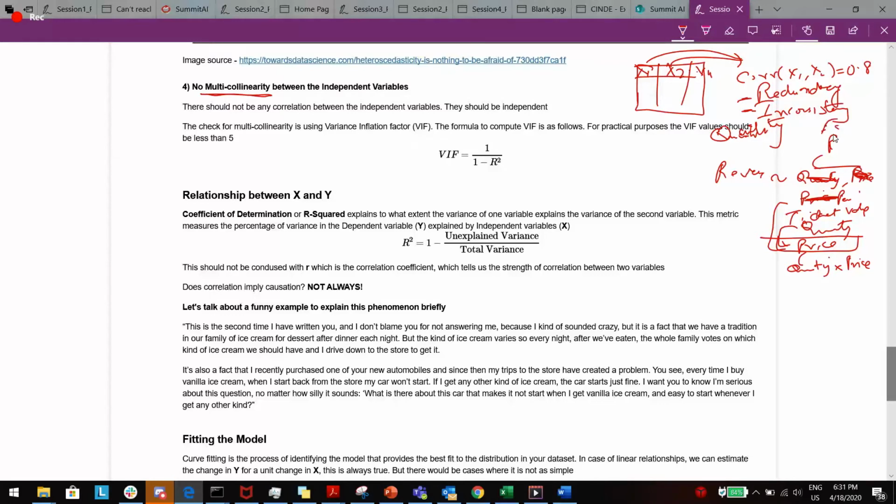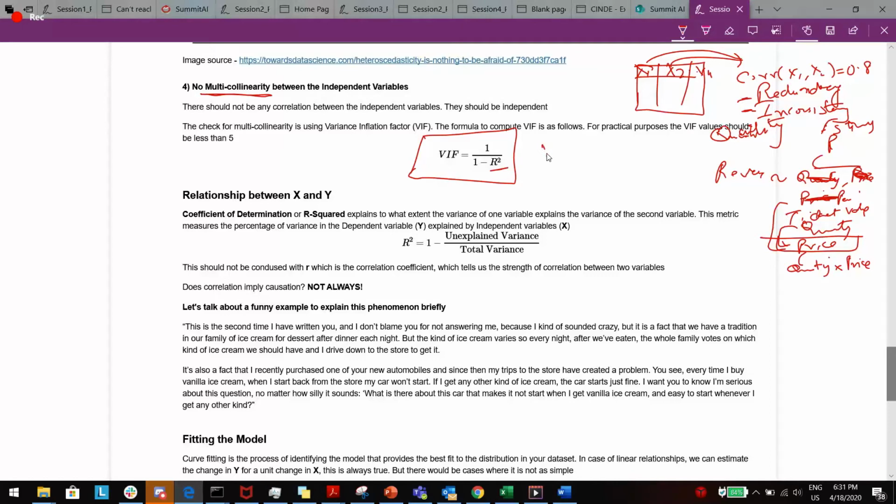That you can verify using the variance inflation factor. The R square here is the strength of the variance explained.